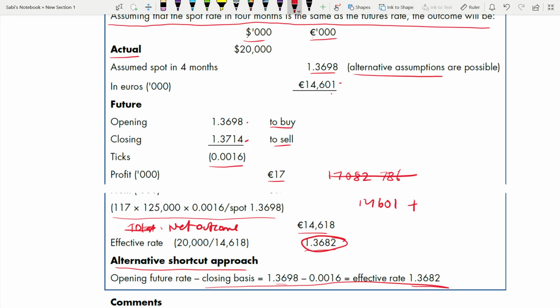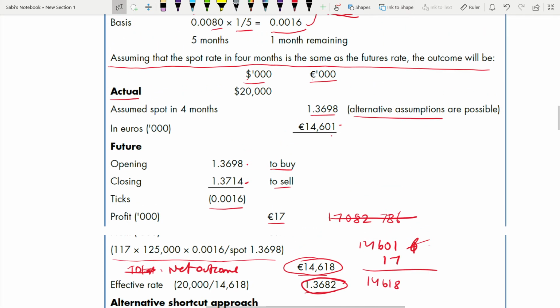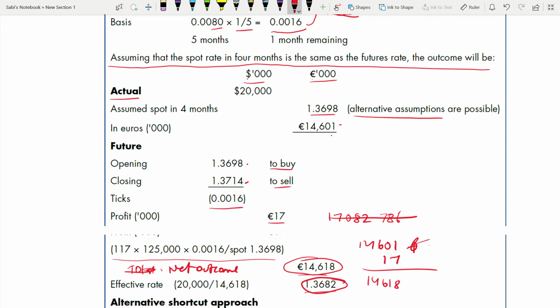Okay, so it will be like this if you add, because this is in thousands. Okay, this is in thousands. So then it becomes 14,618. This one. This is why it's very important, the zeros and all, right? This is 14,601,000.